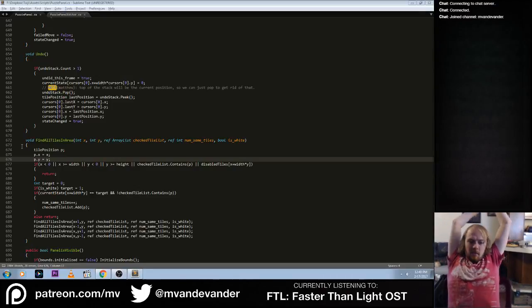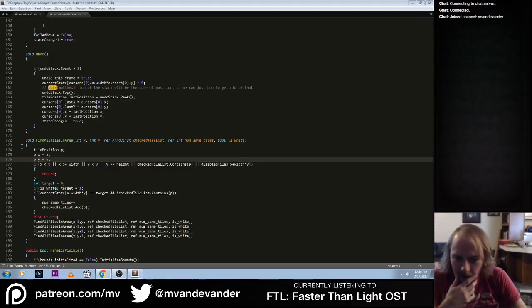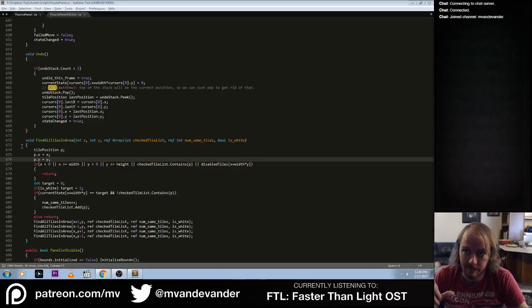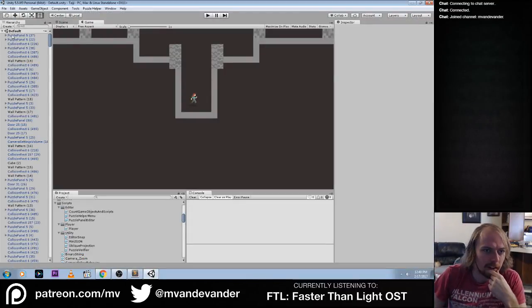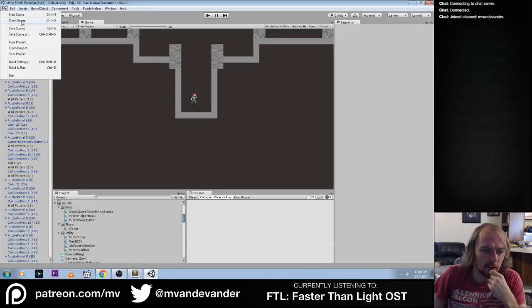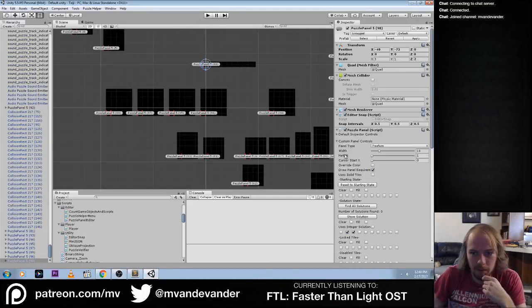But there's some point at which it falls off a cliff performance-wise, which doesn't surprise me because it's exponential. If I make a 3x3 and then a 4x4, it becomes exponential how many possible solutions there are.